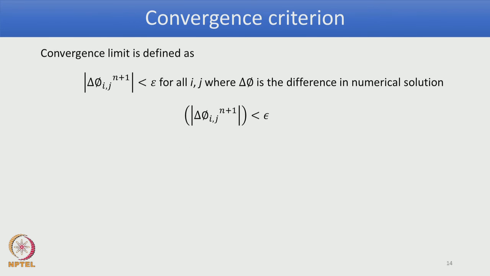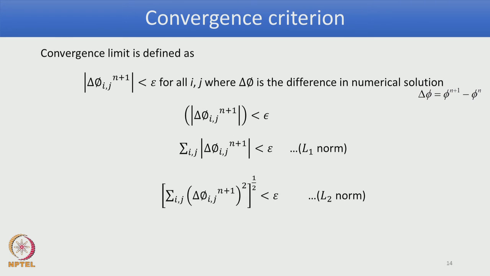Okay. There are also other methods. For example, the first one I have written here, it is also possible to write based on the summation of all the absolute errors, and you say it is less than some prescribed value, and such is called the L1 norm. Or you take a summation of the squares of all the errors.